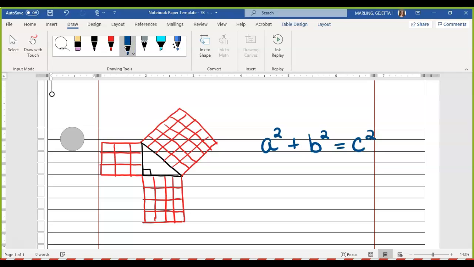Inside your triangle, draw your arrow from the right angle across. Then we can label the big 5 by 5 box as C because that's my hypotenuse. And for the other two, remember it doesn't matter if we label A or B. I'm going to make the vertical side A, my horizontal side B.